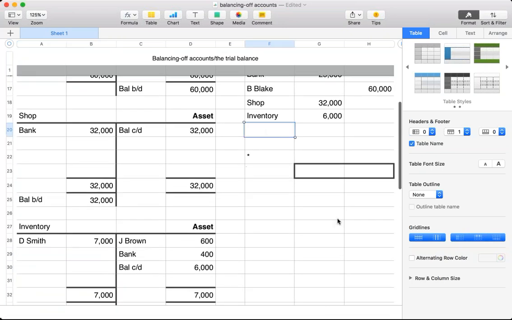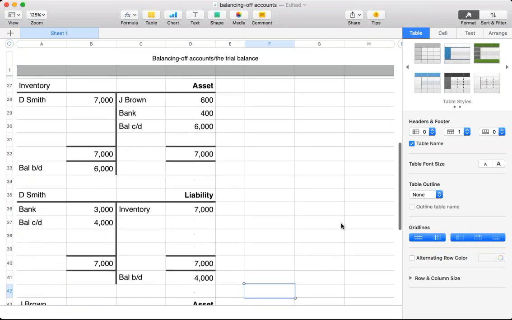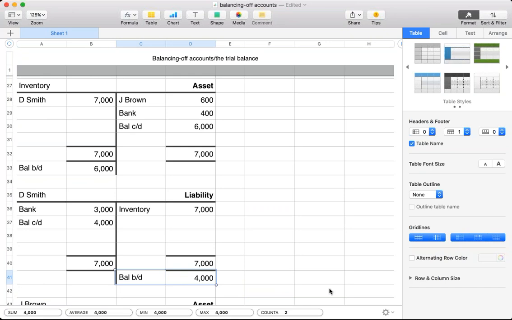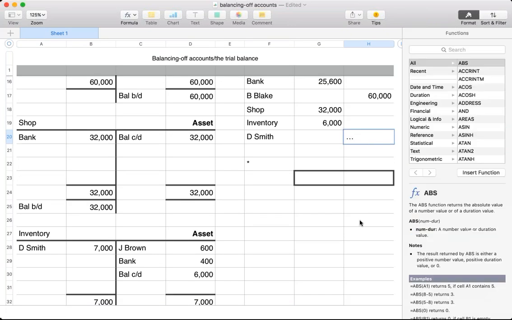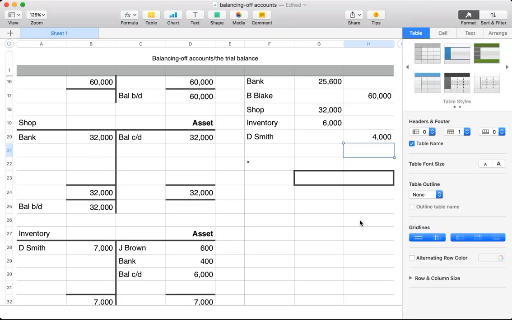So we're going to go back to our trial balance and type in D Smith. We can just double check, scroll back down there: we've still got £4,000 owing to D Smith, which is a credit balance. So I'm going to go back to the trial balance and put 4,000 in the credit column.